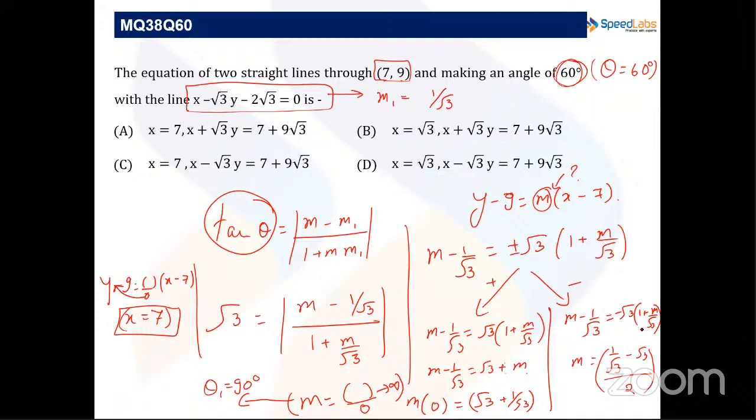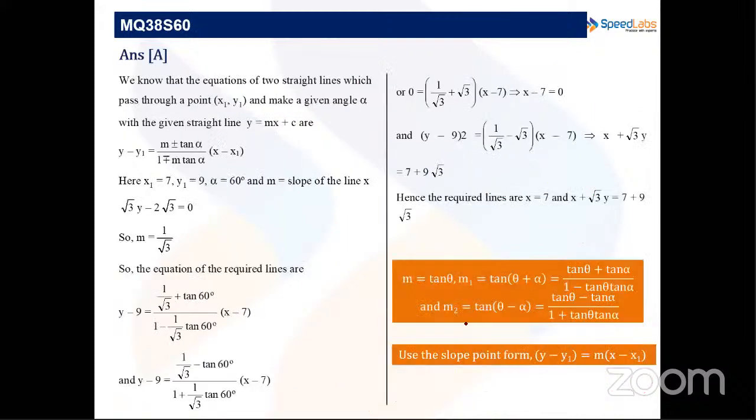Substitute this value and you will get the other equation. And on solving, we will get x plus root 3 y equals 7 plus 9 root 3. So our correct answer will be A.